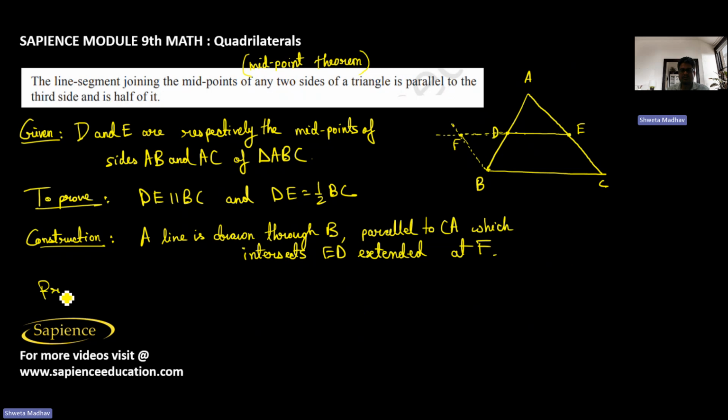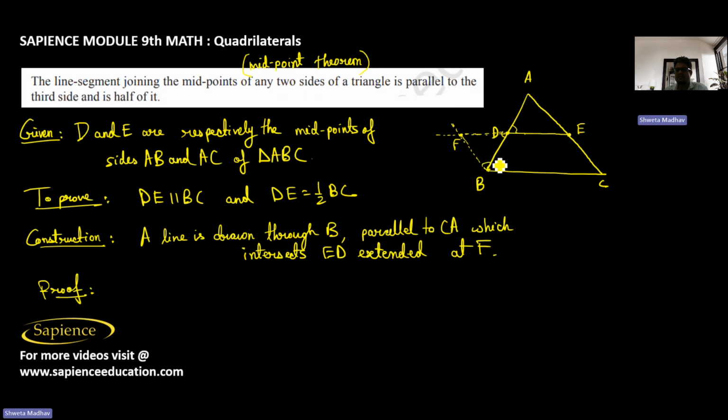So now we have to write the proof. The proof is that now in these two triangles you can see these two angles are equal since they are vertically opposite angles, and AD equal to DB also.